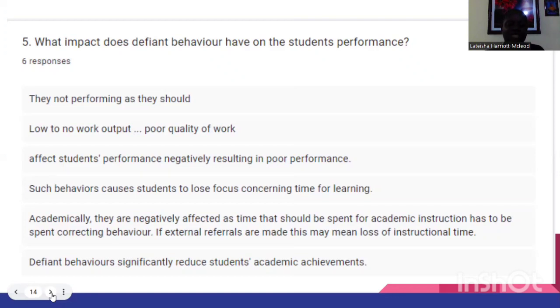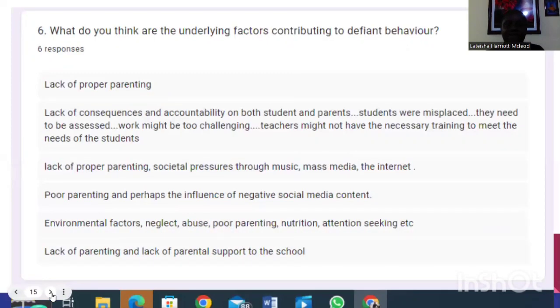They also stated that academically, they are negatively affected as time that should be spent on academic instruction has to be spent correcting behavior. If external referrals are made, this may be loss of instructional time. Defiant behavior significantly reduces students' academic achievements.